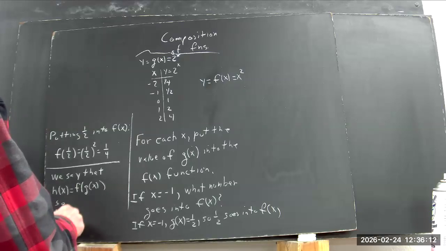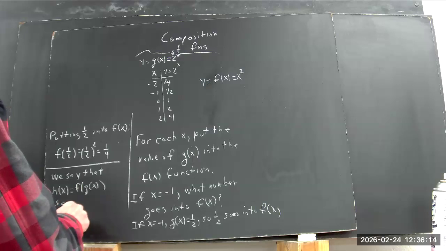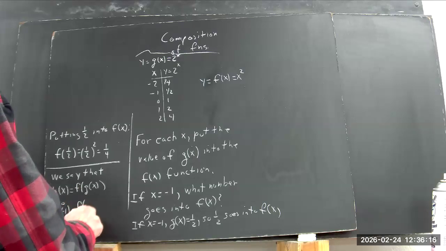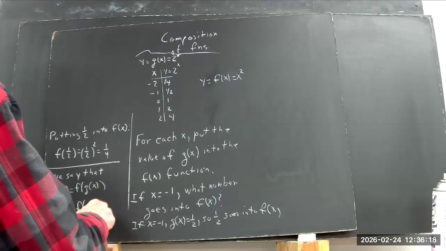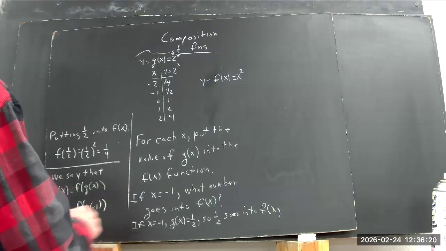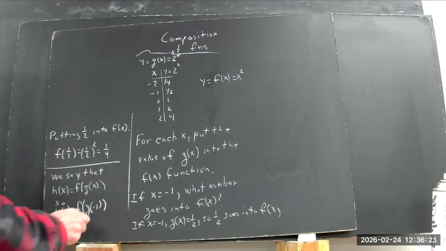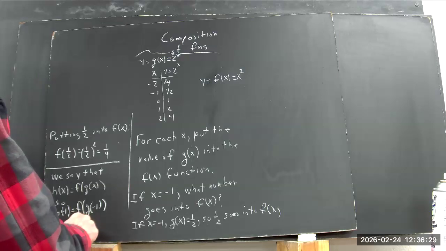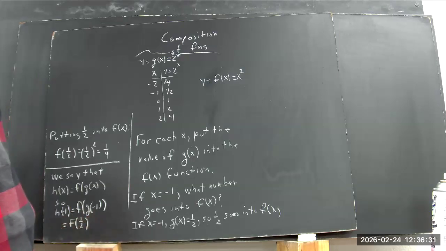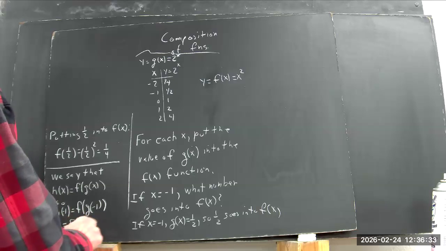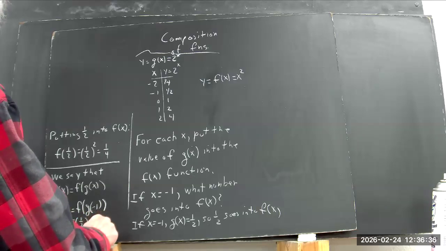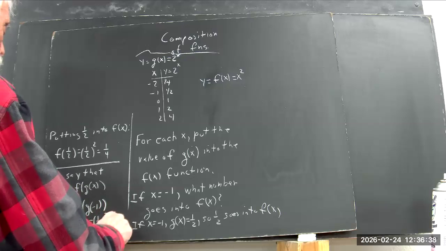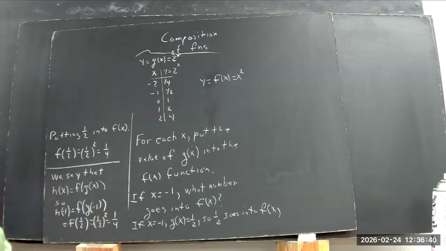So h of -1 equals f of g of -1. G of -1 is 1/2, and f of 1/2 is 1/2 squared, which is 1/4. Make sense?